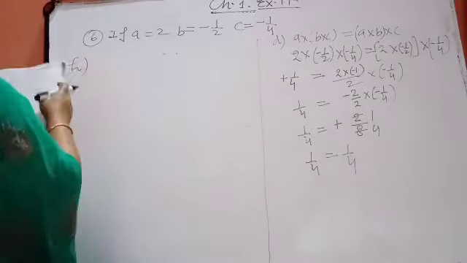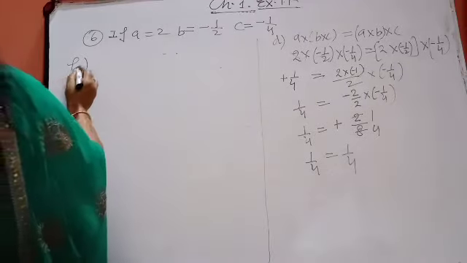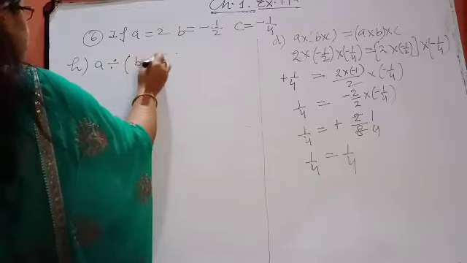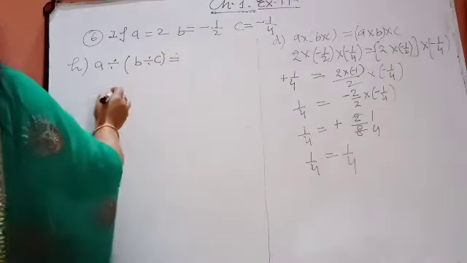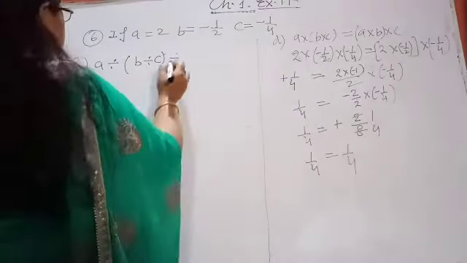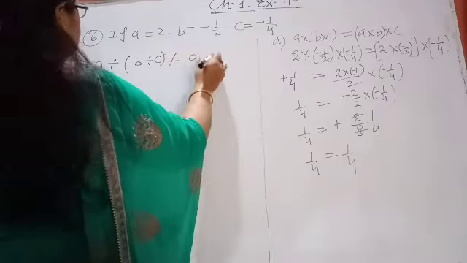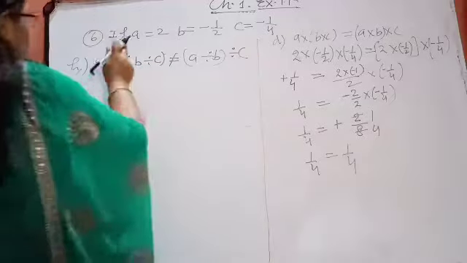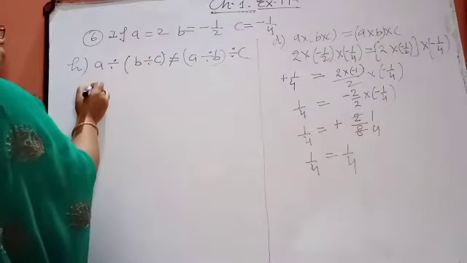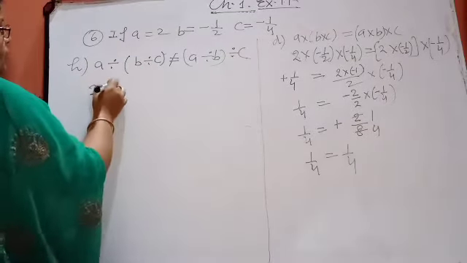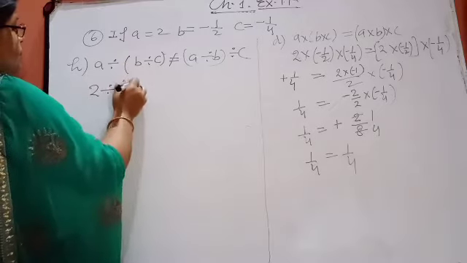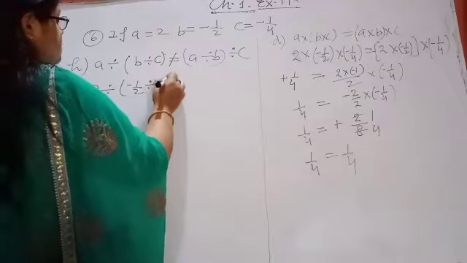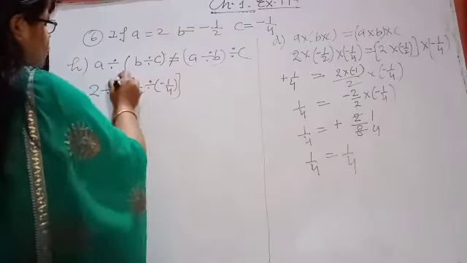The H part is a divided by b divided by c is not equal to a divided by b divided by c. You know that. Take a is equal to 2: 2 divided by b, b means minus 1 upon 2, divided by minus 1 upon 4. In this way you will write.